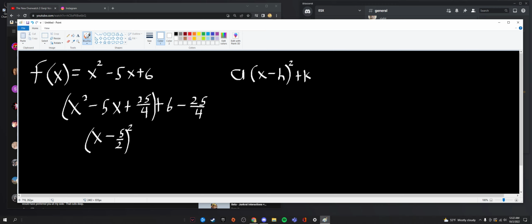And then this here, 6 as a fraction would be 24 over 4. So minus 25 over 4, we just get minus 1 over 4. Now, if you had a coefficient, if a was not just 1, it would be hanging out here, but in this case, a is 1, so we don't have to worry about it. But now we have successfully converted our quadratic into vertex form.